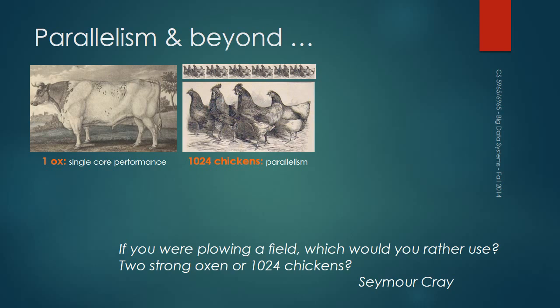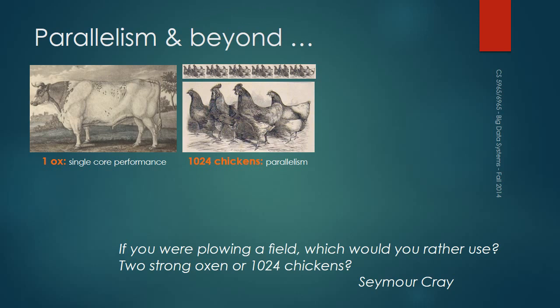What is the problem with this is that when you think of a case, assume that 1,000 chickens are, as far as their strength is concerned, equivalent to an ox. Why do you intuitively think of it as being a bad idea to try to plow a field with 1,000 chickens?